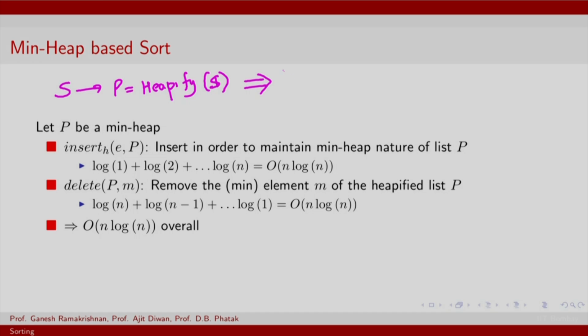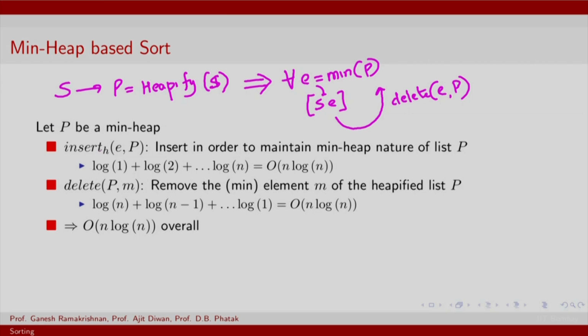You can retrieve the smallest element of P and keep adding them to S. For all E equals min of P, add E to S. This you would do in an appending manner, and then go back to B and delete E from P. So that is what we have shown here.